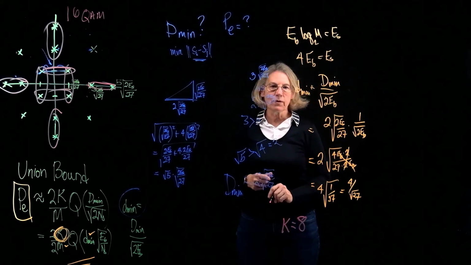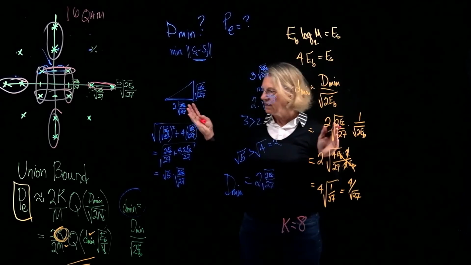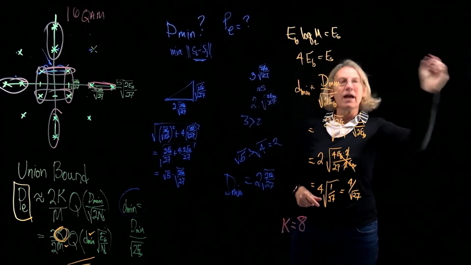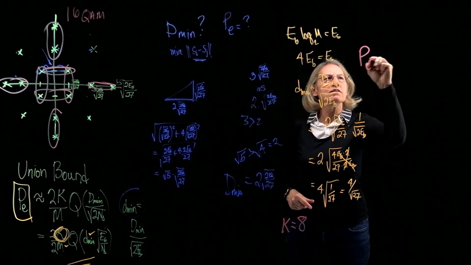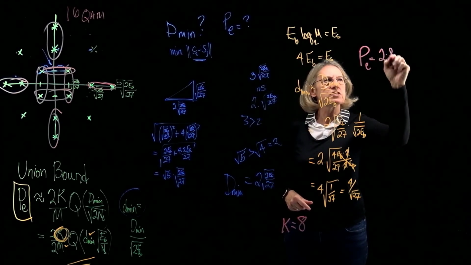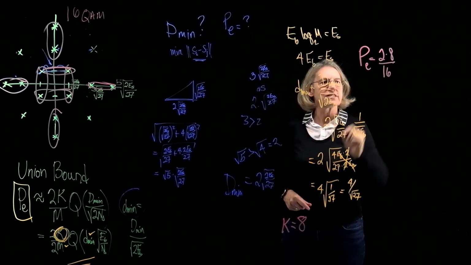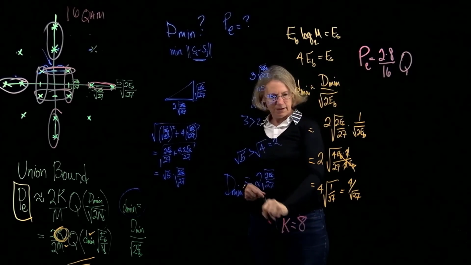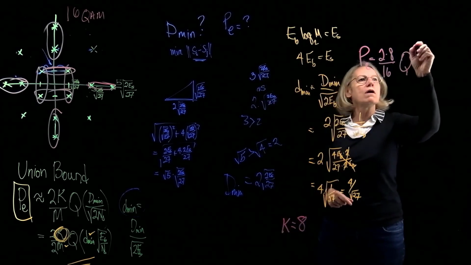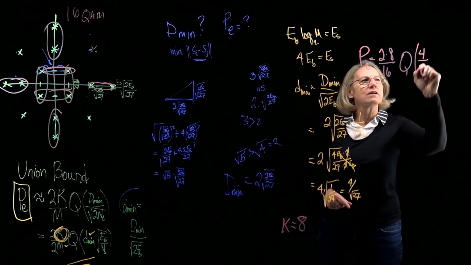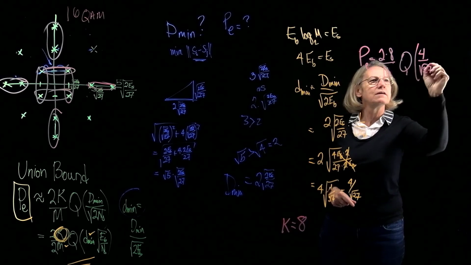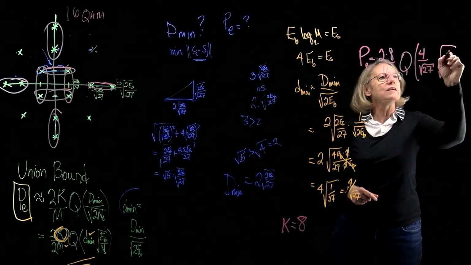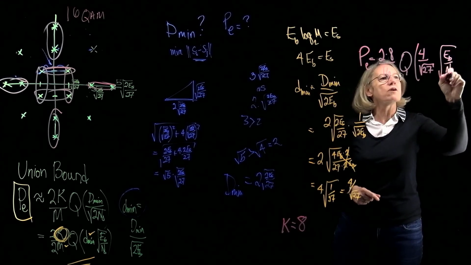And we can write an equation now for the total probability of error. And so we have the probability of error is equal to 2 times K, which is 8, divided by M, which is 16, times the Q function, and we need dmin, which is 4 over the square root of 27, multiplied by the square root of EB over N0.